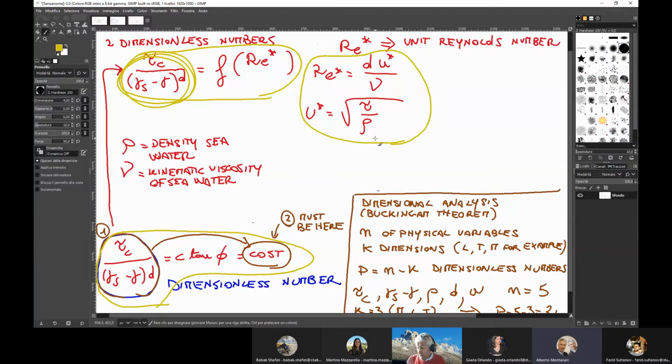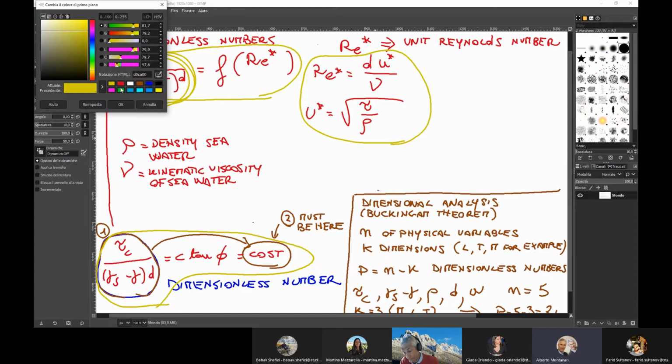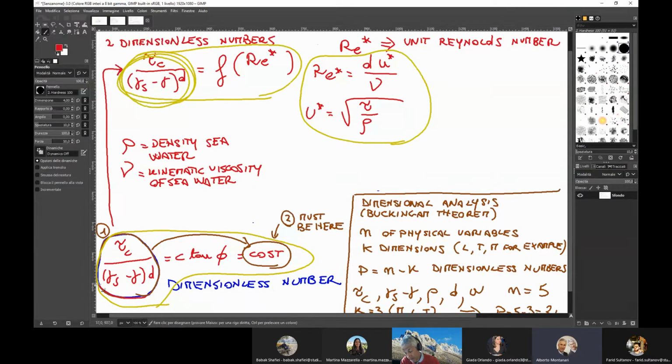Now, we didn't solve our problem because still we don't know how to compute this number here, which I am circling in red. We don't know how to compute it, because we have learned that in principle we can say it's more or less a constant, but actually with a theoretical analysis we concluded that it's not a constant, it's a function of the particle Reynolds number.